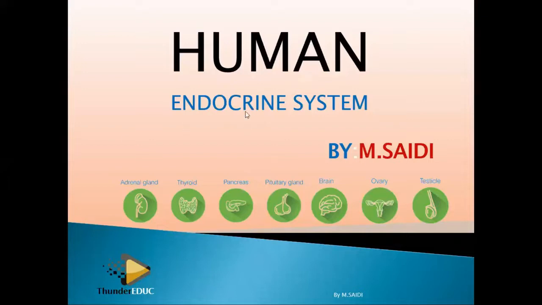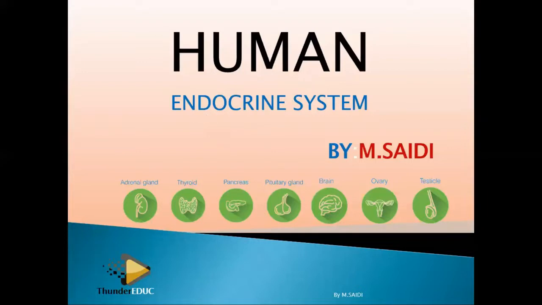This is number one. Number two is crine. Crine comes from the word crinis. Crinis means secretion, so it's a system of secretion. When you talk about endo, it means that the secretion is within our body.